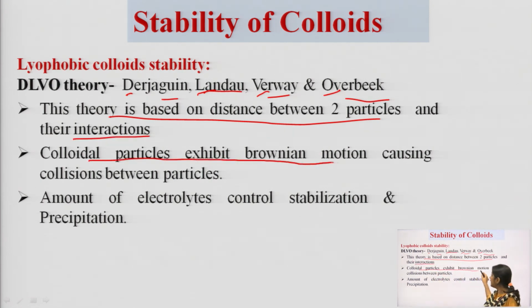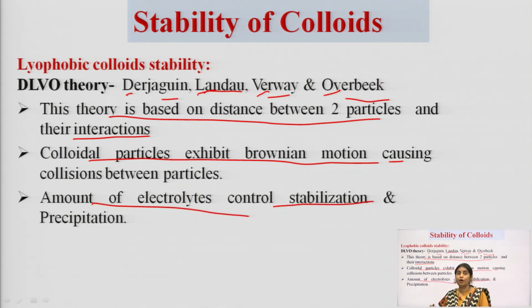Colloidal particles exhibit Brownian motion, and this Brownian motion causes collisions between the particles, and the amount of electrolytes decides whether it will be a stable one or it will precipitate.